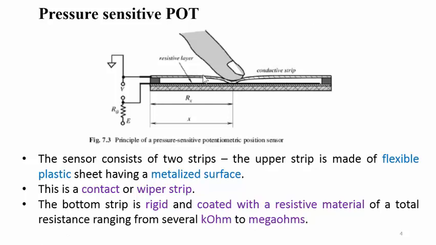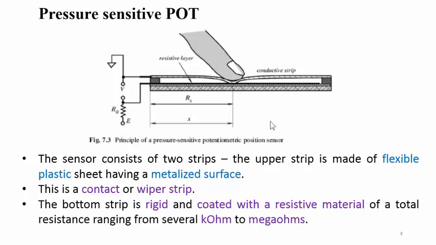The upper strip is made up of flexible plastic having a metallized surface below it, which is connected to the other terminal of the battery, and the lower strip consists of a rigid resistive coated material, and in between you will find an empty space.